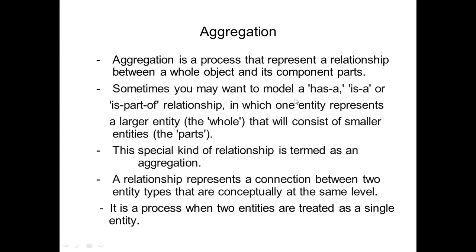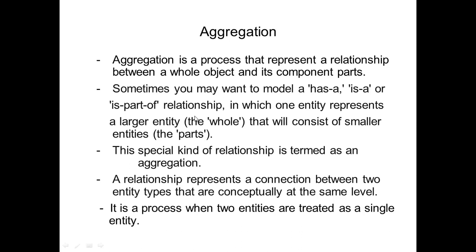We can also say that it is a has-a relationship, or a part-of relationship. In aggregation, one entity represents the larger entity, that is the whole, which consists of smaller entities, that is the parts. And this relationship is called aggregation.